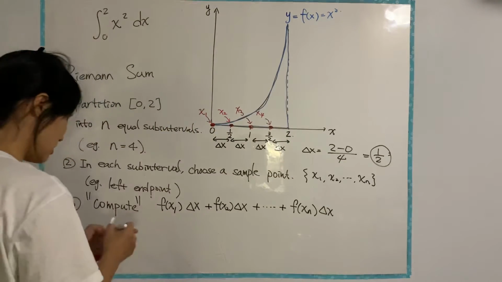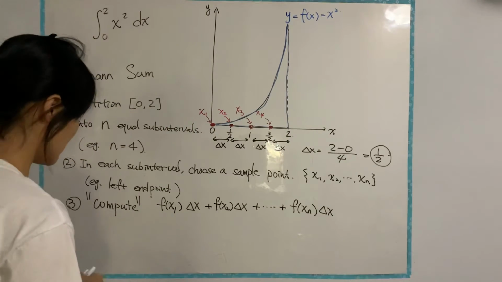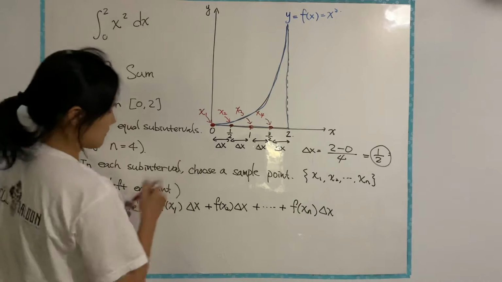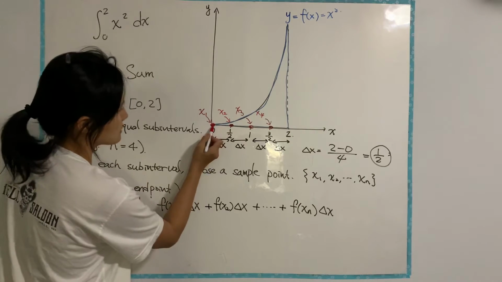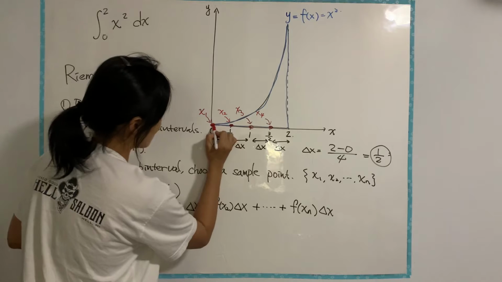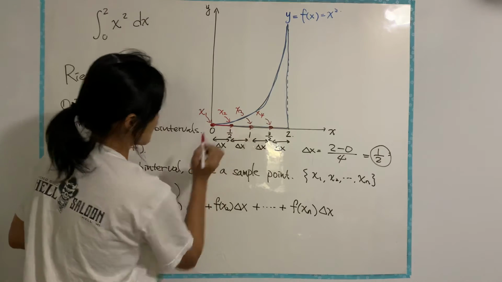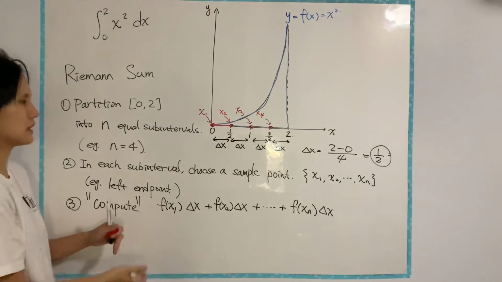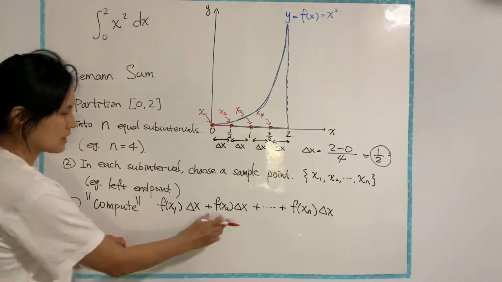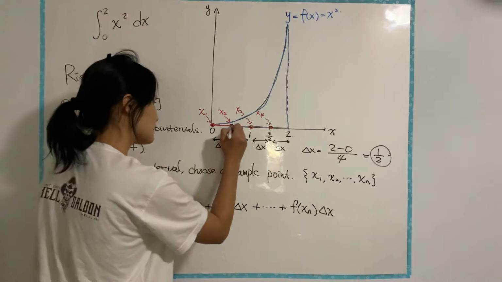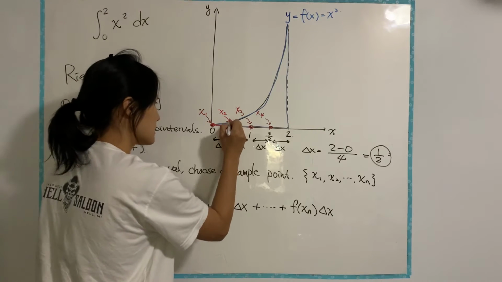Okay, I'll tell you what this gives us. From the graph, f of x1 is 0. So 0 times delta x is 0. Okay, because 0 times anything is 0. f of x2 is this number.